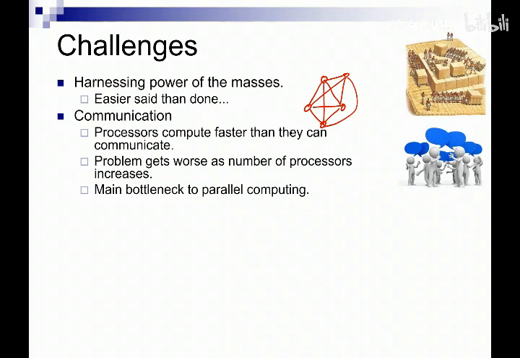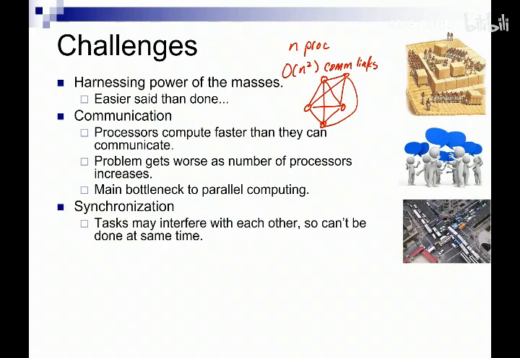In fact, if you have n processors, and all of the processors need to talk to each other, we're going to have basically n squared communication links. So the amount of communication is growing much faster, quadratically compared to the number of processors. And this is one of the main bottlenecks for parallel computing.